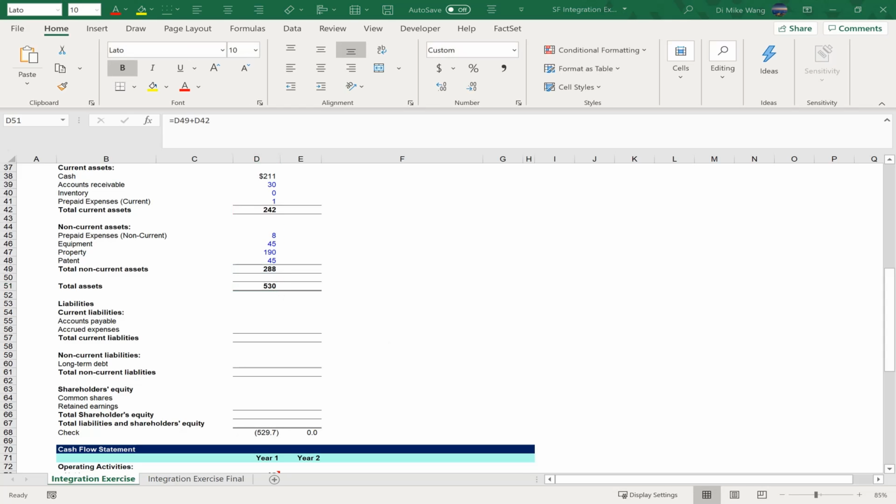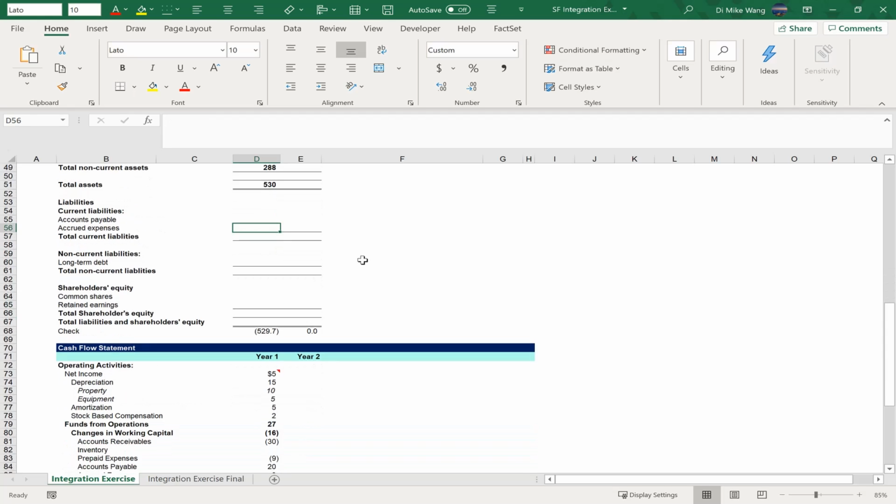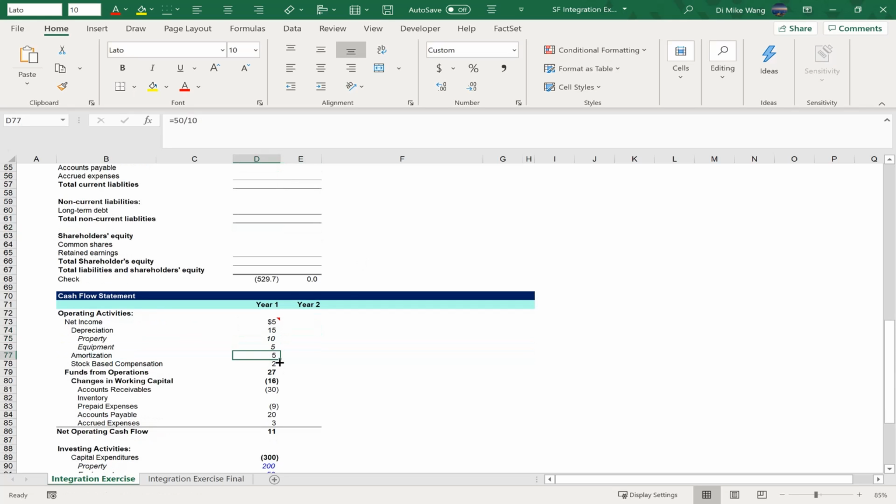Okay, so one thing that I want to note is that for our equipment, property, and patent, we're assuming that we're depreciating everything on a straight line method. And as previously covered, straight line method means that we divide the value of our item by its useful life.